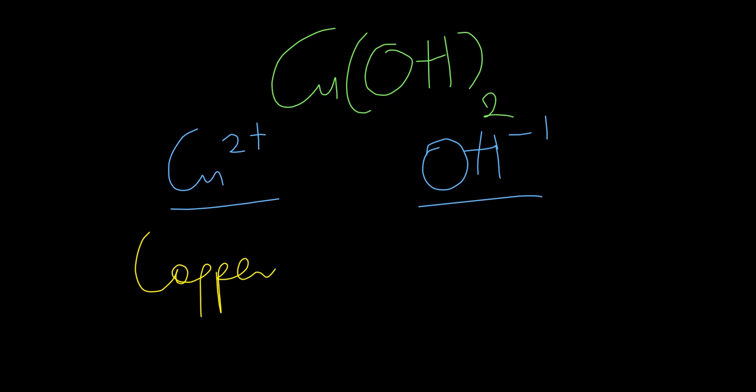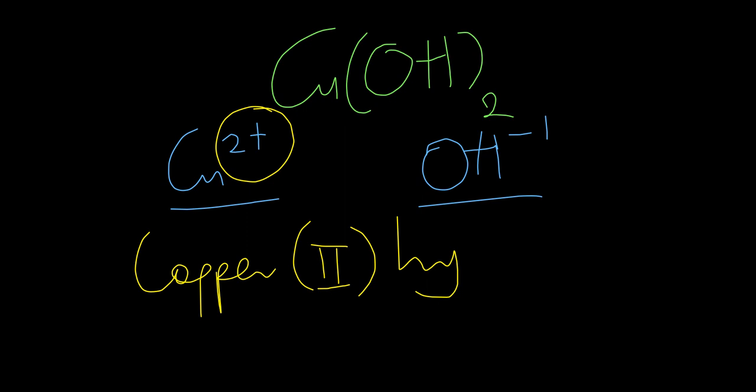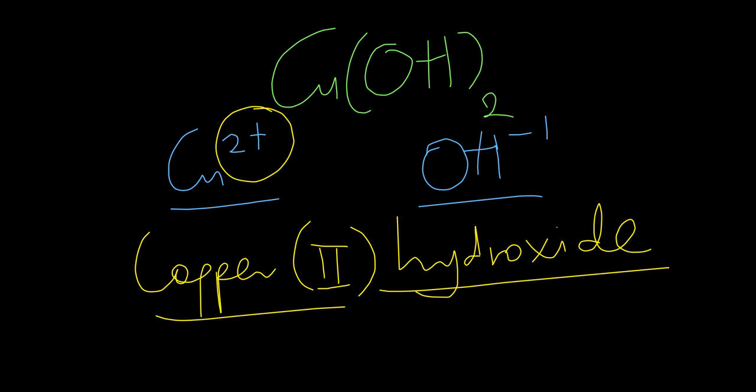So we need to show the oxidation state of the copper. Here in this case, it is +2. So that will be II. Then we bring our hydroxide. Very simple, isn't it?